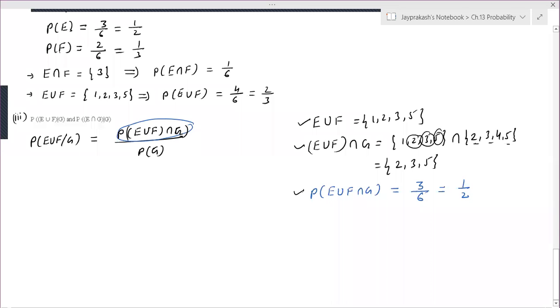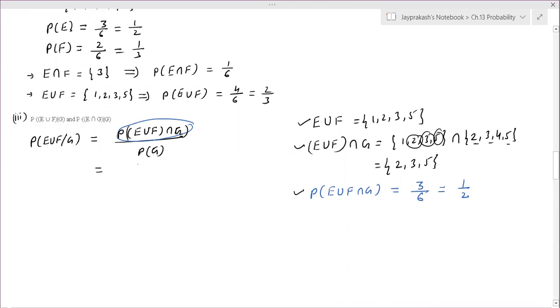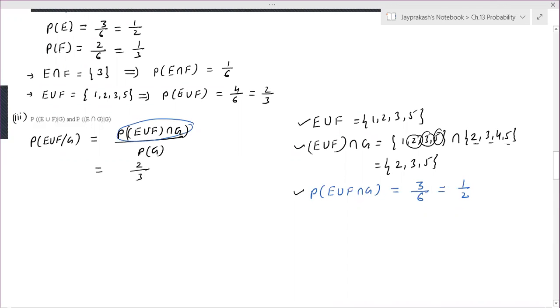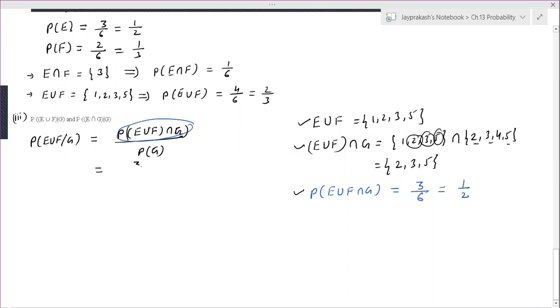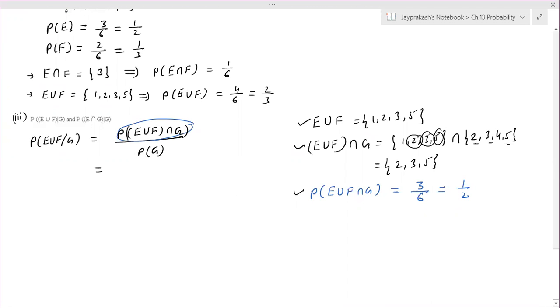Now substitute all these values in this equation. So we have that the union with the intersection is not 2 by 3, it's 1 by 2. Then the probability of G is 2 by 3.